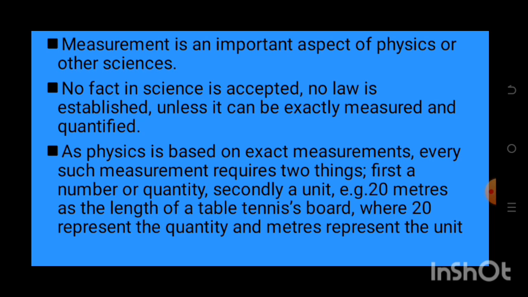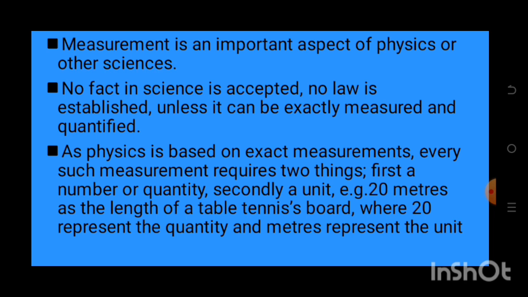For example, in previous classes we introduced ourselves to physical quantities. I said if I write 20, 20 is not a physical quantity because we don't know 20 what. Is it 20 meters? Is it 20 seconds? Is it 20 kilometers? And so on and so forth. Until there is a unit of measurement, no value is accepted.